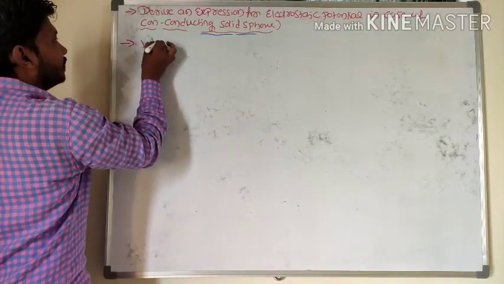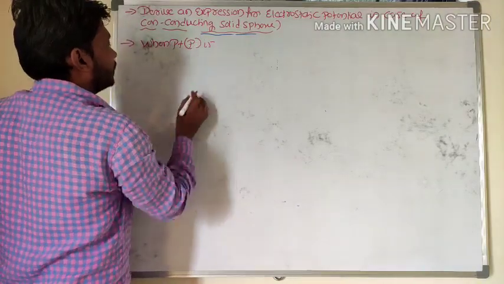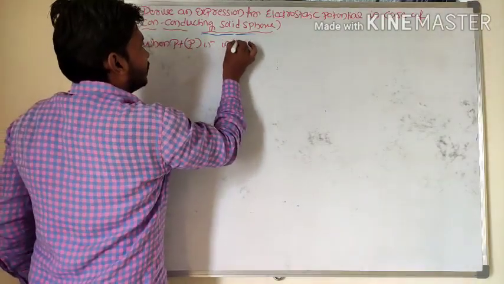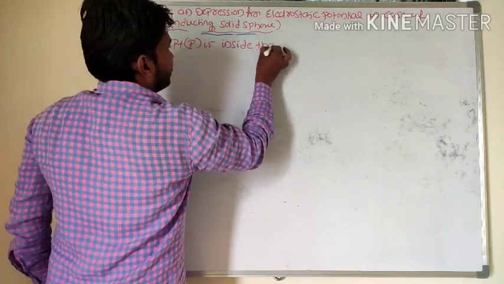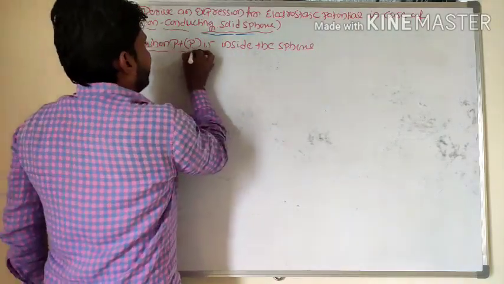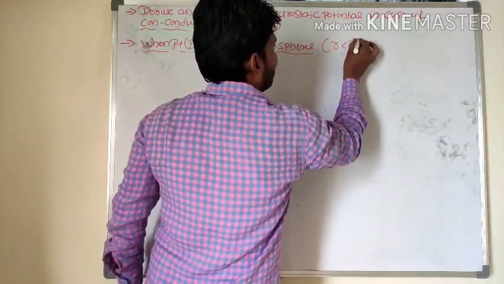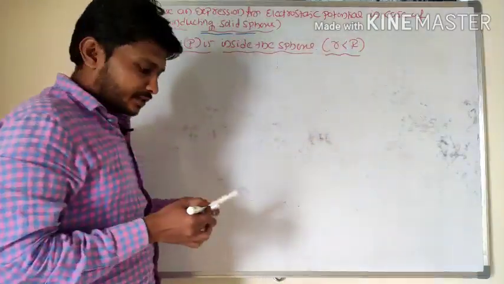When point P is inside the sphere, the point of observation is less than the radius of the sphere.